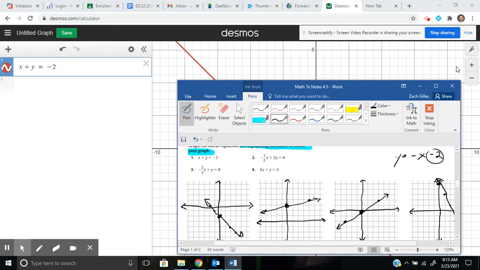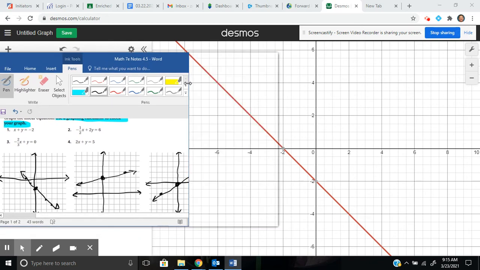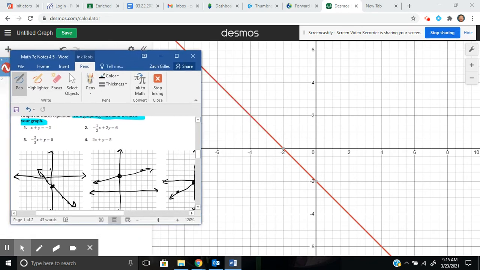And let's see what our line looks like compared to that. Okay, it looks like our y-intercept was at -2, which was the same here, 0, -2. And it looks like our x-intercept was at -2, same thing we got right here. So it looks to be accurate.